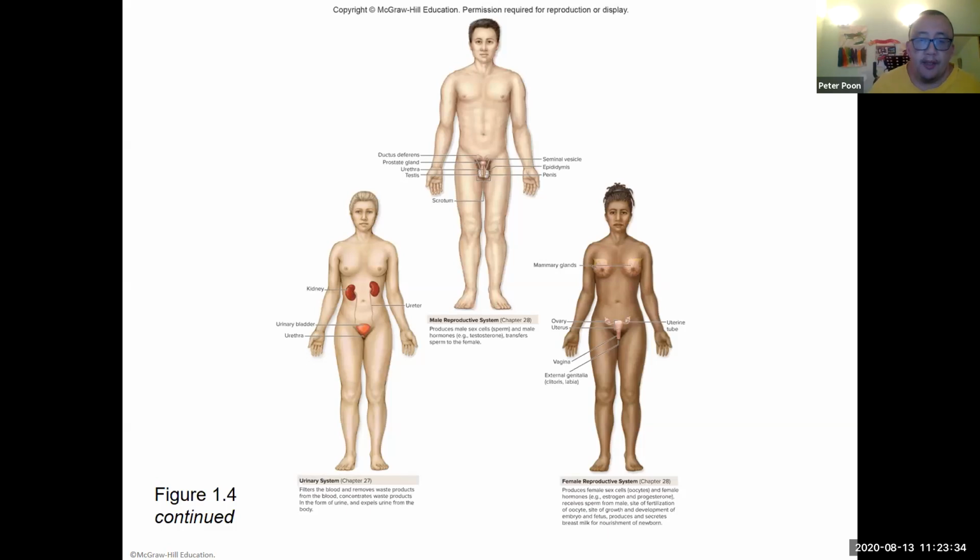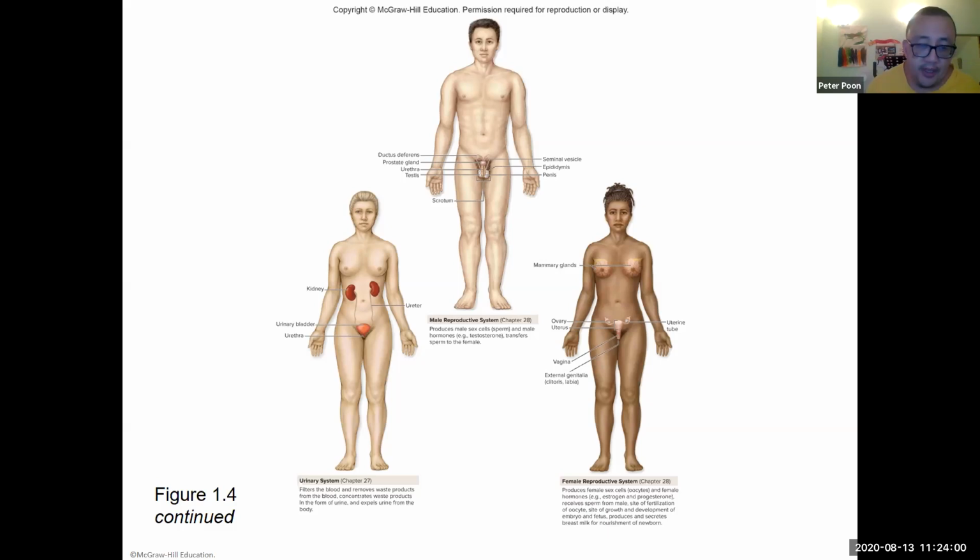The urinary system. When we eat and have metabolism, our metabolism generates a whole bunch of byproducts. Some of the byproducts we have to get rid of, and the only way we can do that is to filter them out in the kidneys, and then we pee them out.